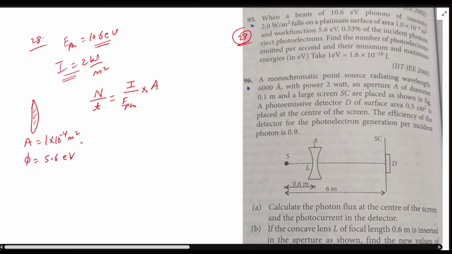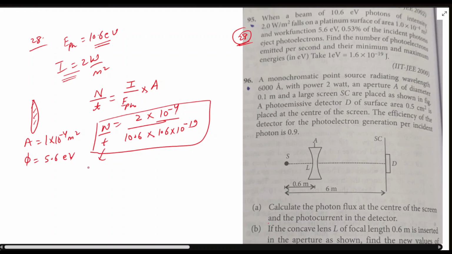So intensity is 2 into area 10 to the power minus 4, divided by the photon energy 10.6 into, since it is in eV, 1.6 into 10 to the power minus 19. So this is n by t, the number of photons per second on our surface.